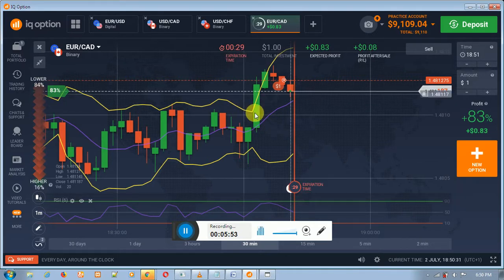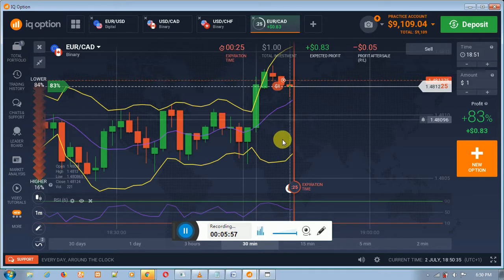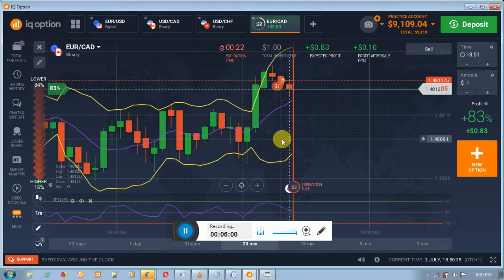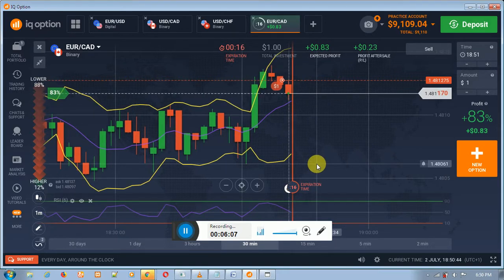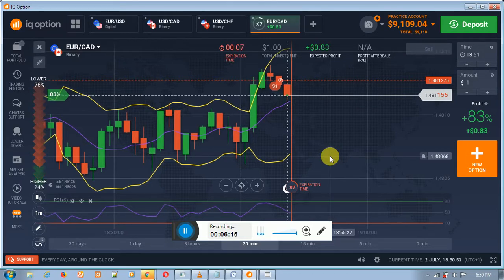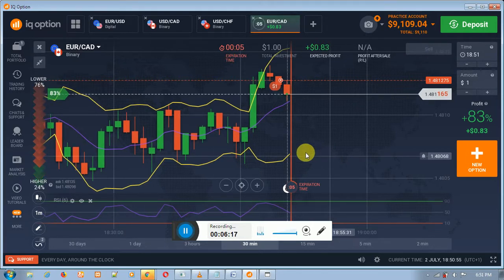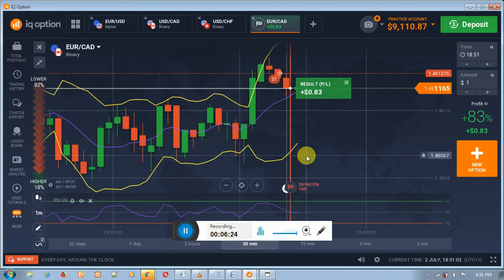If you don't understand how it works, you are going to lose all your trades. Iqoption requires calmness, understanding how the candlesticks work, and being able to read them effectively. That gives you the upper hand. As you can see, I won that. That is it.